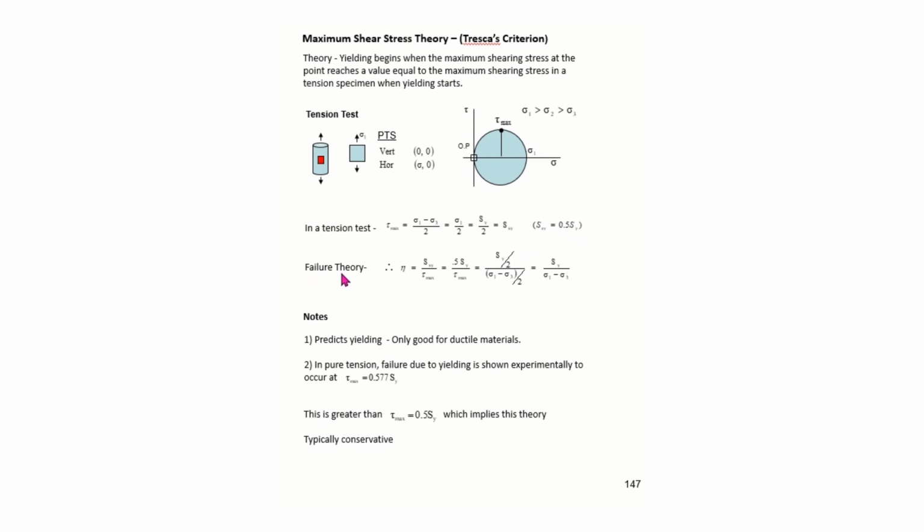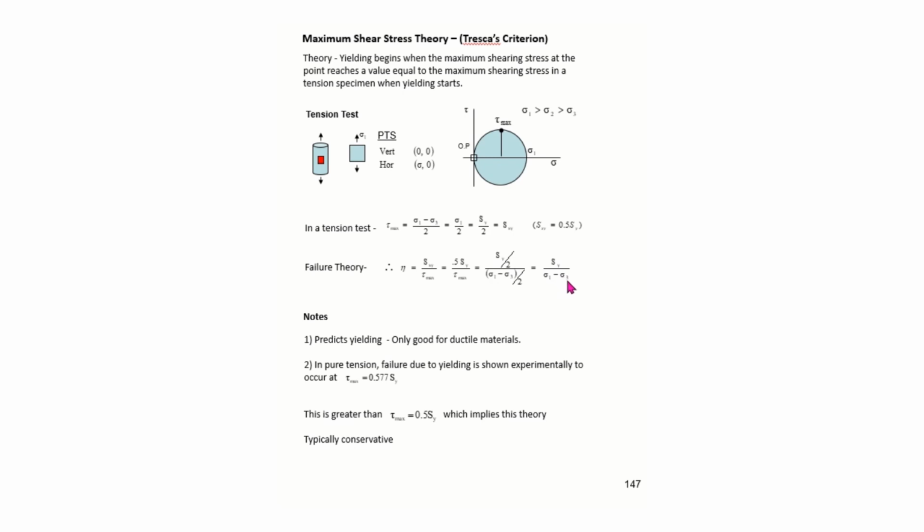Now the failure theory for this is given by safety factor as SSY over tau max, where SSY is 0.5 SY over tau max, and tau max is sigma 1 minus sigma 3 divided by 2. We can see that these 2's cancel out, and the failure theory results in SY divided by sigma 1 minus sigma 3.